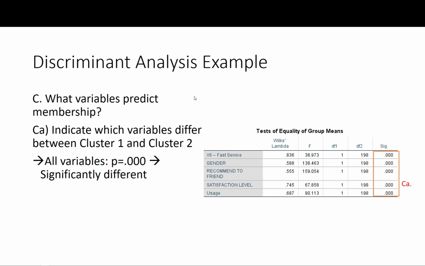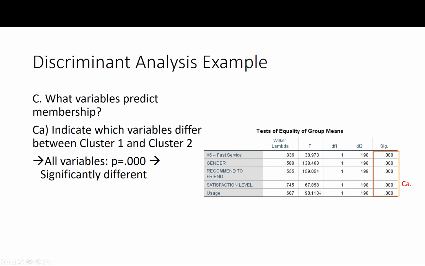So we do skip step B because we have included non-metric variables in our independent variables list. So we're skipping step B and going on to step C of the discriminant analysis process, looking at, of the 5 independent variables I included in my discriminant analysis, which ones predict membership to cluster 1 and cluster 2.